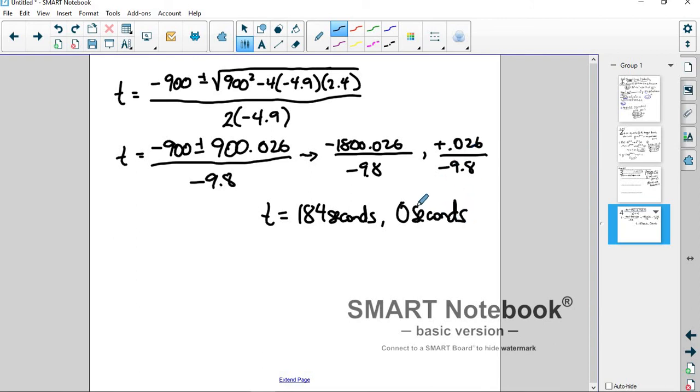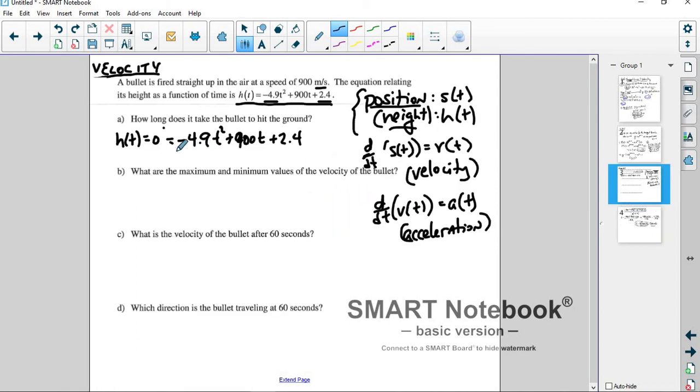It's 0.01 seconds, but rounded off to the nearest second, it's that. That's because you're just barely shooting it right above the ground. So this is the time it takes for it to come back down, 184 seconds. And so when we get t equals 184 seconds, what does that mean? We're not going to do the maximum and minimum velocities right now. We'll do those in chapter 4 and talk about that more.